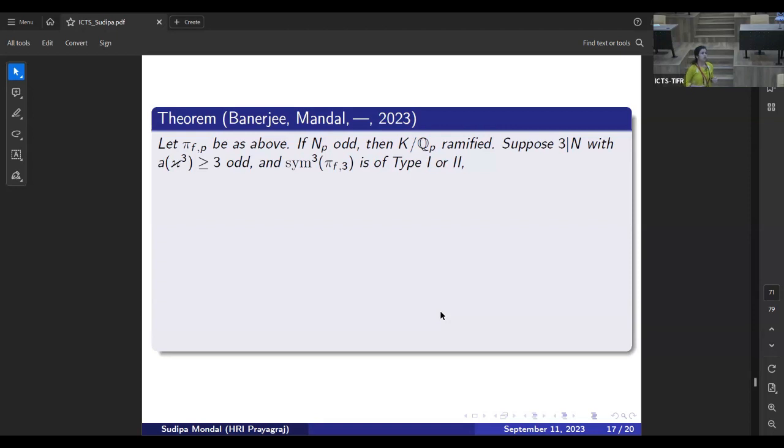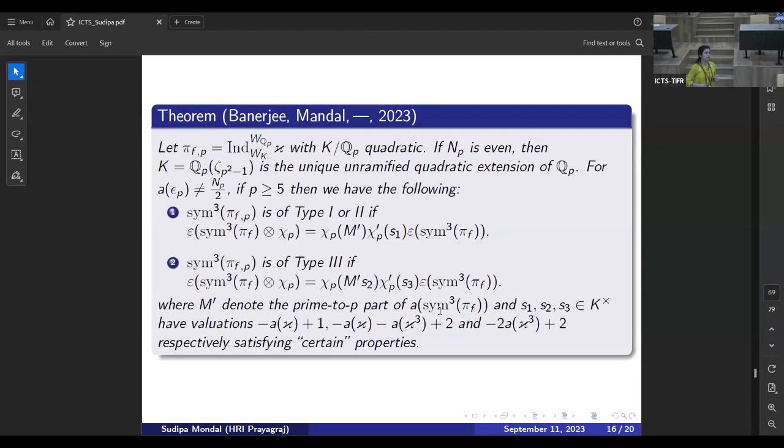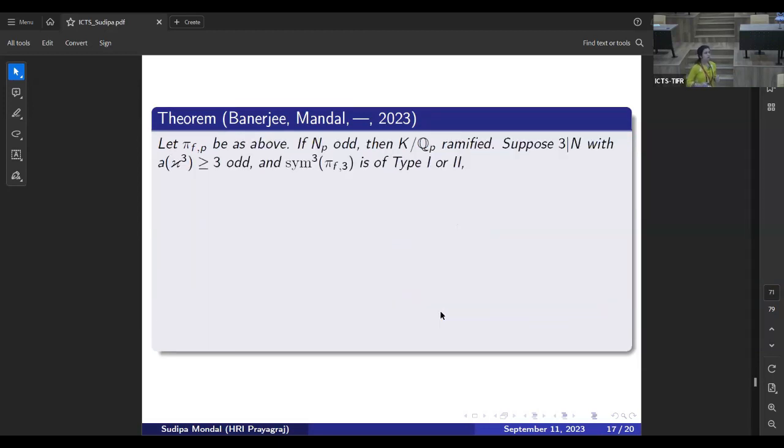Next, assume that 3 divides the level of the modular form, and let the conductor of chi cubed be greater or equal to 3. So chi is this character. Also assume that this is odd, and Sym^3 pi_F3 is of type 1 or 2.